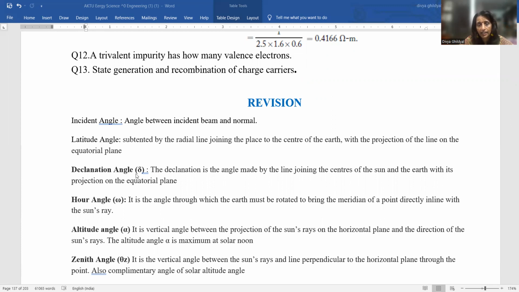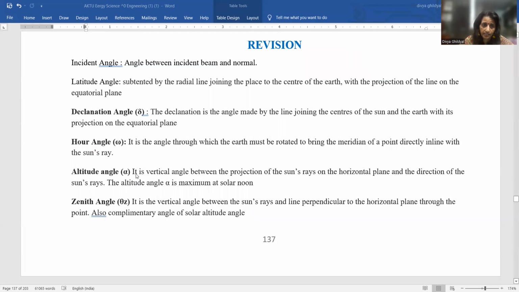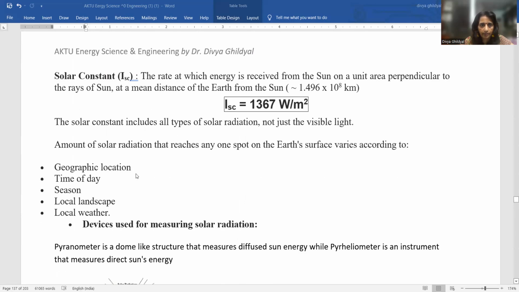Hour angle, angle through which the Earth must be rotated to bring the meridian of a point directly in line with the sun's rays. Zenith angle, vertical angle between the sun's rays and line perpendicular to the horizontal plane through the point. Also, you can say it is complementary angle of solar altitude angle.